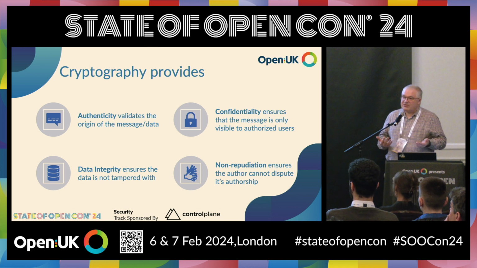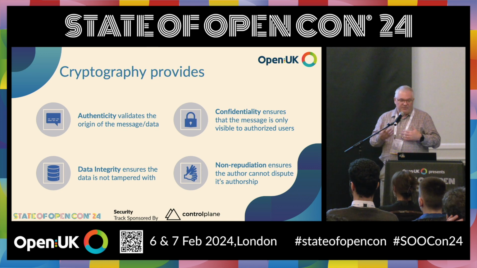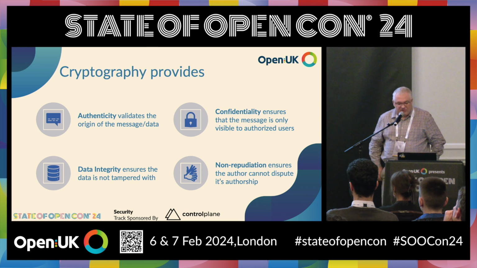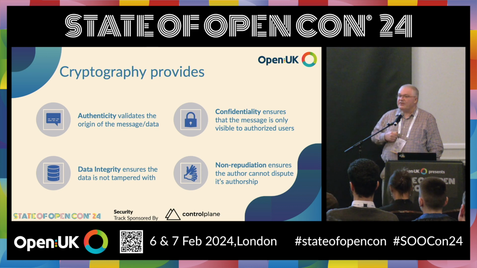Tampering is a problem as well. If you send a message from one place to another, do you know it's the same as it was where we started? And actually, if we look at things like supply chain, of course, and we're looking at hash codes, etc., of software packages, we want to make sure that isn't tampered with. So integrity is all about making sure it's not tampered with. And finally, another challenge we have is wanting to make sure that if someone says they've sent you something or they're doing something as part of a contract, they can't take that back.